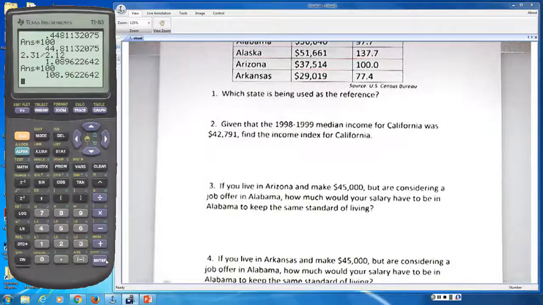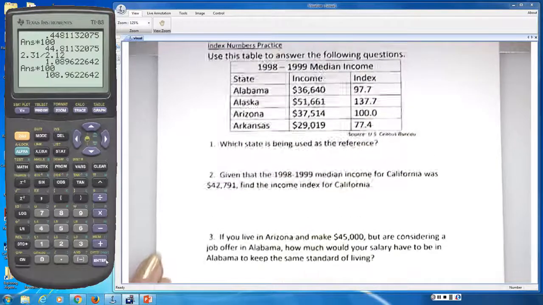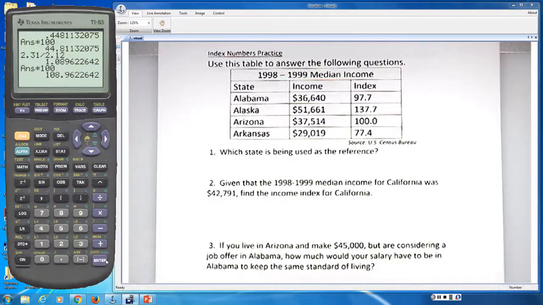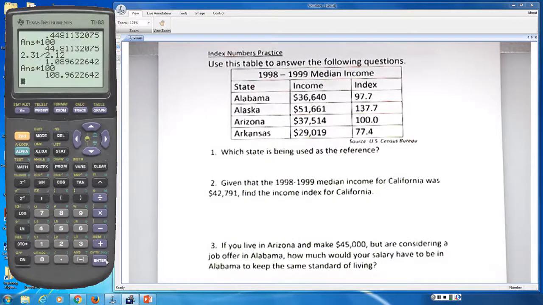Okay, let's work some index number practice here, and let's work through these kind of as a group. I'm not going to answer all of these. I'm going to let you do some of them, but let's see if we can answer some of these questions. Use this table to answer the following questions, and it's the 1998-99 median income index, listed by state and income, and then they give us the index value.